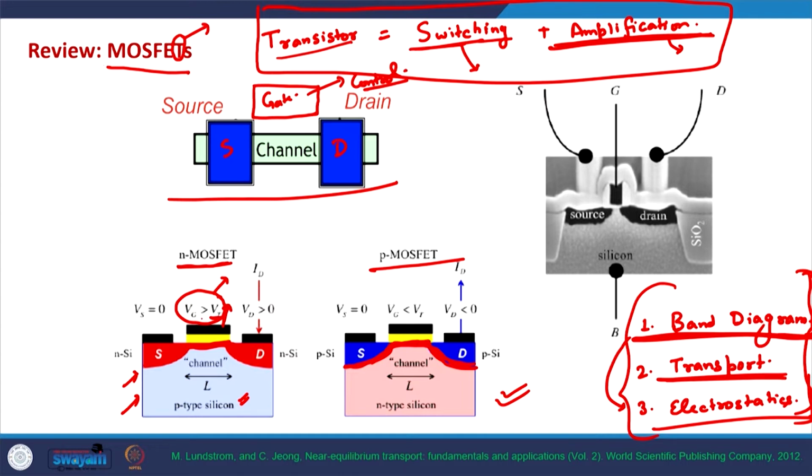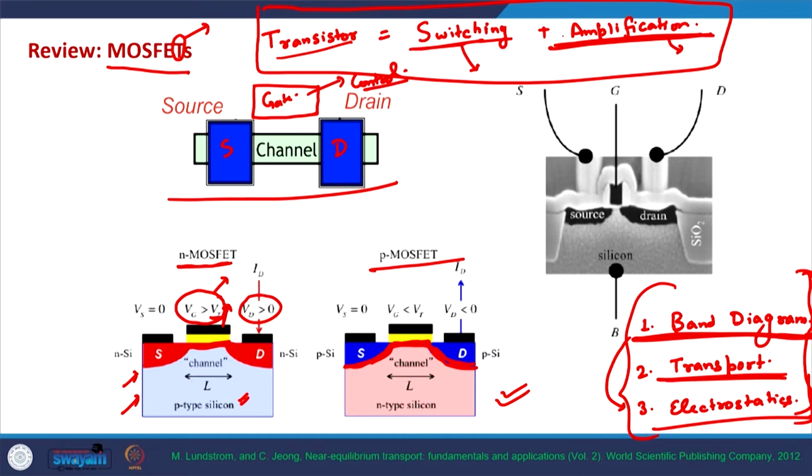If the gate voltage is less, there won't be an inversion layer, and the electrons will not go from the source to the drain, or the current will not flow from the drain to the source when we apply a drain voltage. If the voltage is higher than the threshold voltage, we will have a channel, and the device will have the capability to conduct current.